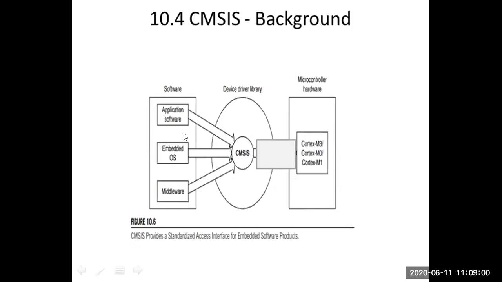Application software, embedded OS, and middleware are all related with CMSIS. CMSIS establishes communication between all these softwares, and helps in easy transfer of these applications to the Cortex M3 board, Cortex M0 board, or Cortex M1 board. This is how the Cortex Microcontroller Software Interface Standard acts as an interfacing agent between the software and microcontroller boards.